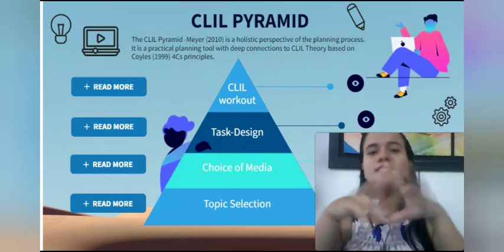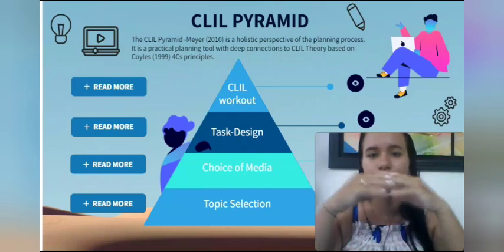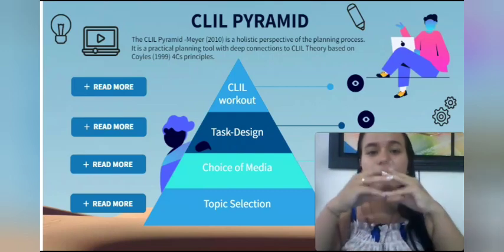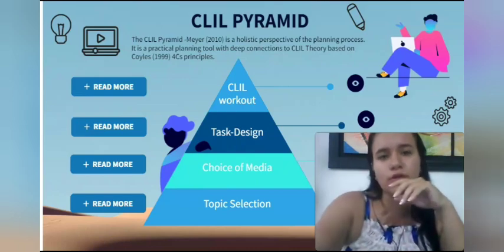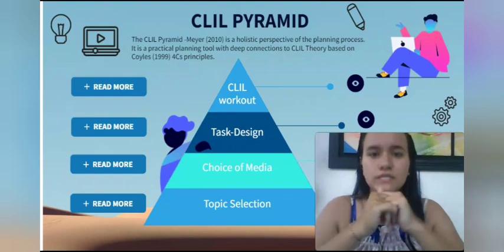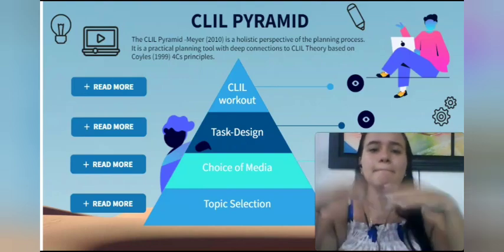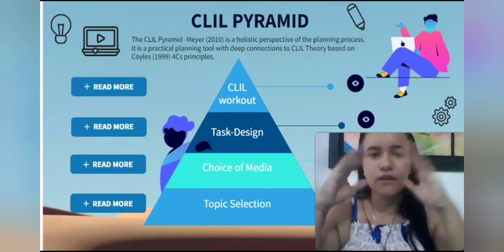The starting point is the selection. We need to identify and define the subject. Our topic is very important to start our process. This will be the base and foundation of the entire development of the process.